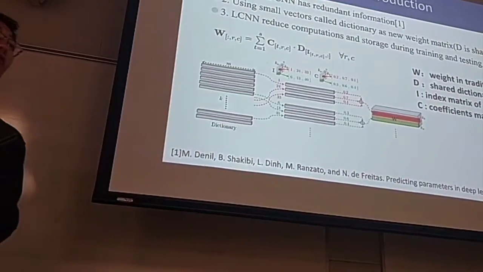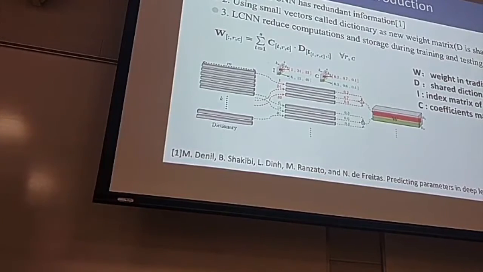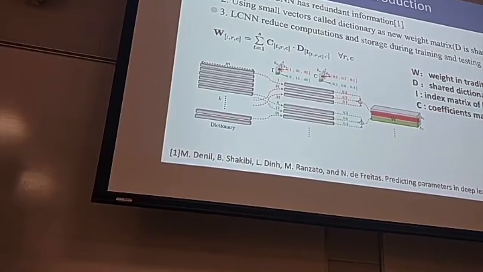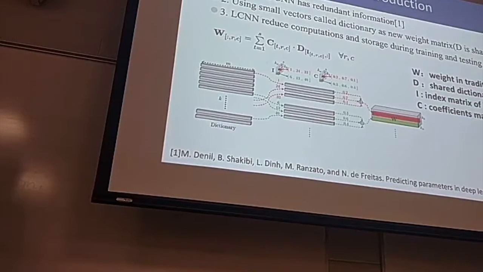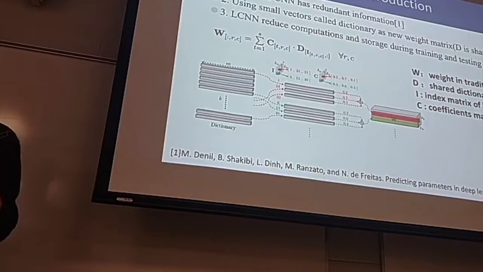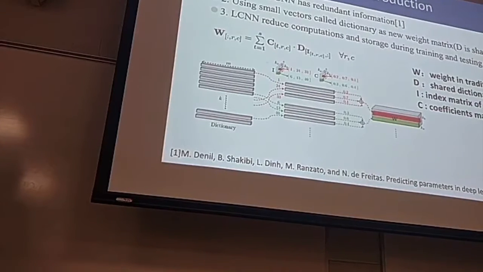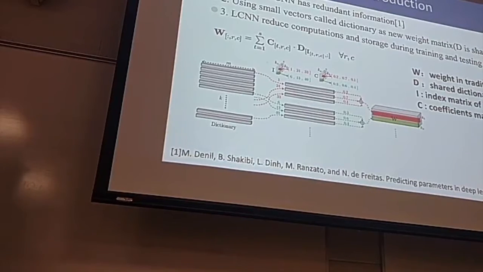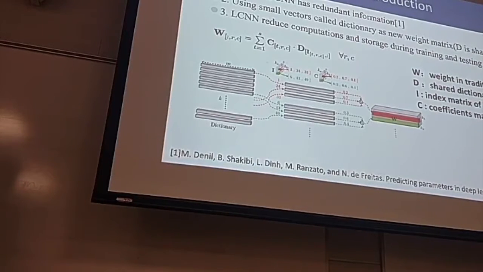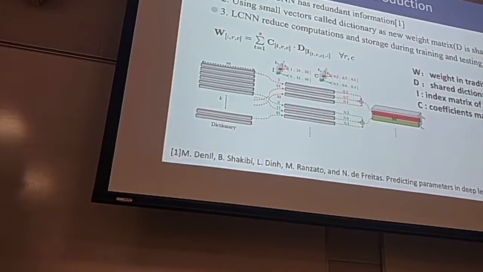But for the LCN, in one layer there is only one matrix, which is D. So the D is a shared dictionary. So you can reduce a lot of parameters, and you can reduce some floating point operations.